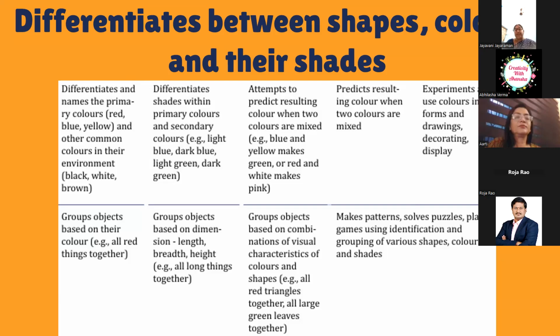For example, in the foundational stage, one week blue color can be celebrated, next week pink color can be celebrated, so that the children can identify the colors and make out what are the primary colors, what are the secondary colors, and from that they can elaborate the experiments in use of colors in arts also. So here the learning outcome for the fundamental stage will be articulated by differentiating the different shapes, colors, and their shades. So the next one, sir.